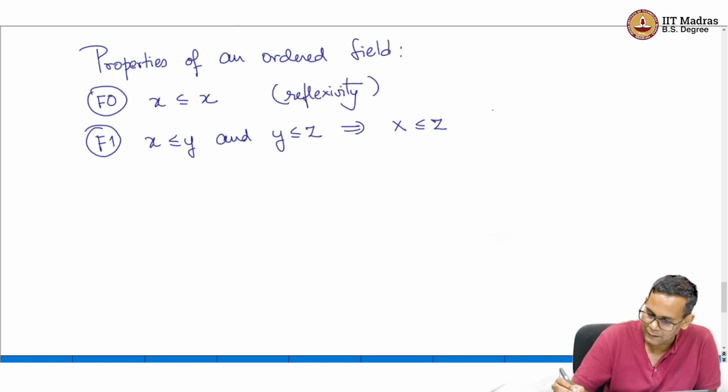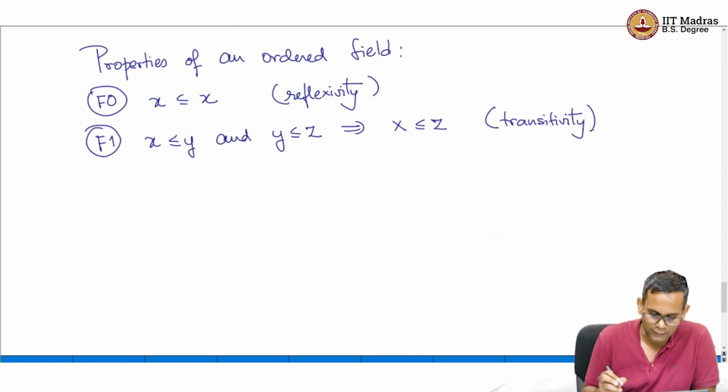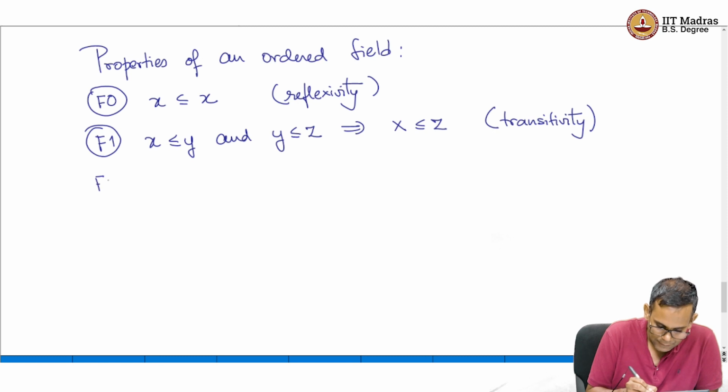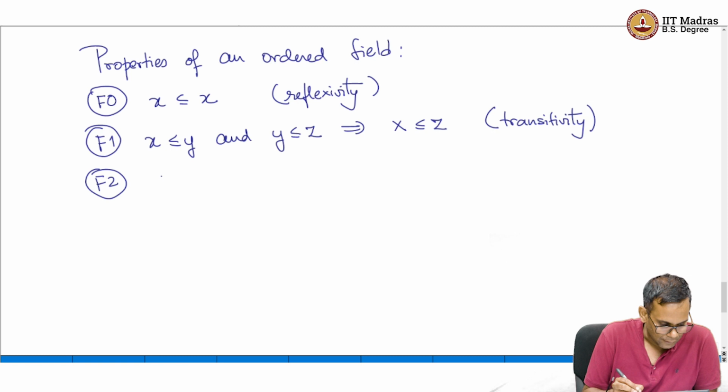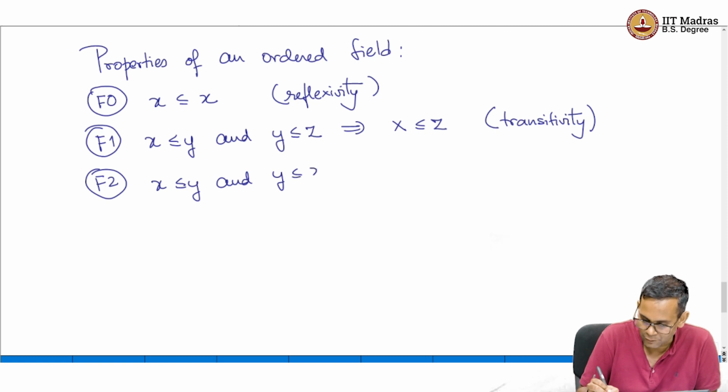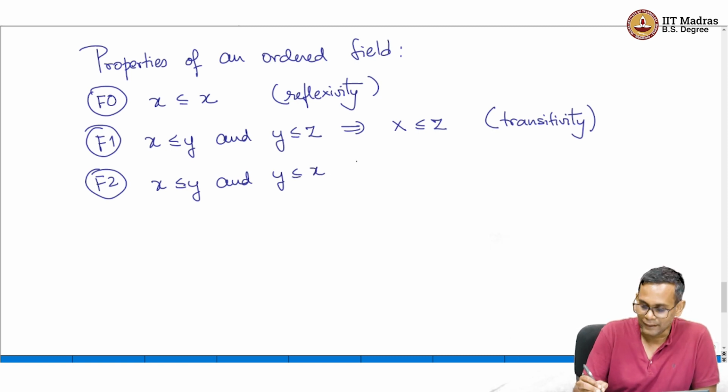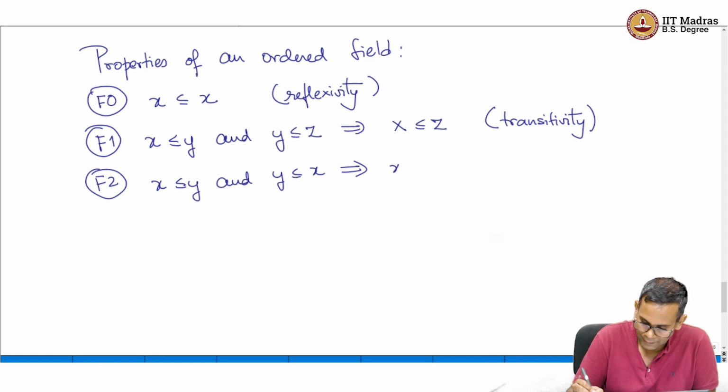This property is called transitivity of order. The third property, F3, is that if x is less than or equal to y and y is less than or equal to x, then, as you guessed, it must mean that x is equal to y. This is called antisymmetry.